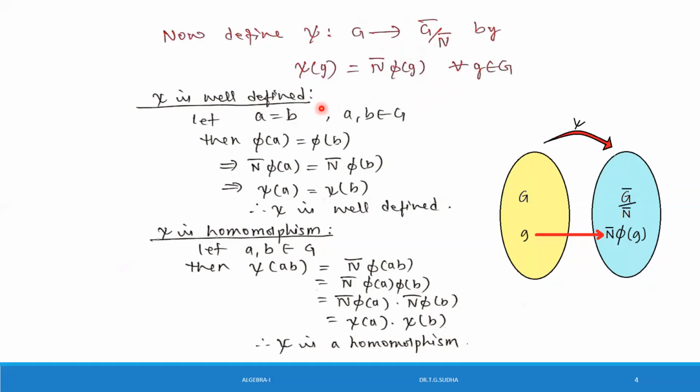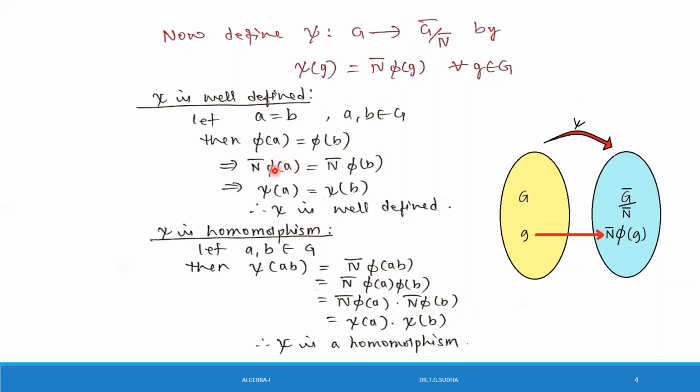So let us assume the two elements are equal, that is a is equal to b, where both a and b belong to G. We need to prove that psi of a is equal to psi of b. Since a is equal to b and phi is a homomorphism, we know that phi of a will be equal to phi of b.